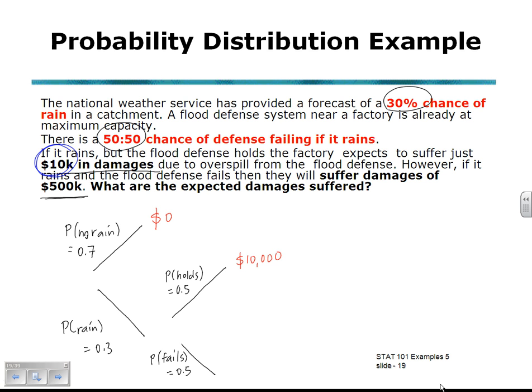However, if it rains and the flood defence fails, the damages are expected to be $500,000, 500k. Tree diagram now complete. We'll have a look at the expected damages suffered.